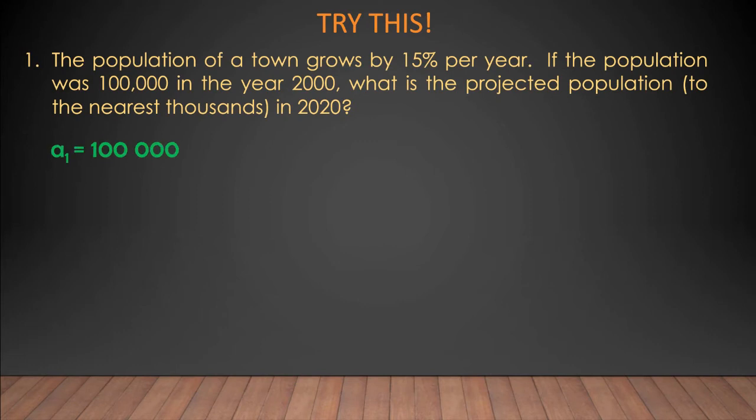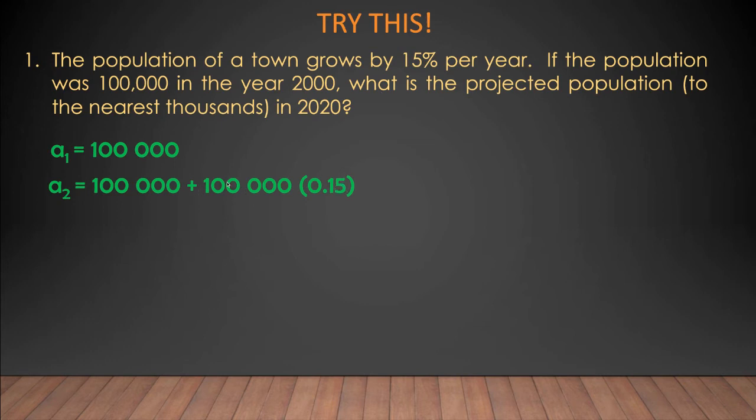So here, we're given the first term, that's 100,000. Now, the second term will be 100,000 plus 100,000 times 0.15 because it said in the problem that the population grows by 15% per year.